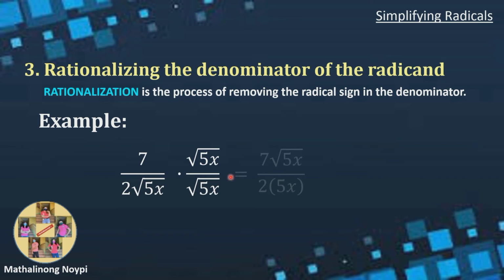So we will have the result of 7 times square root of 5x, that is 7 square root of 5x, and 2 square root of 5x times square root of 5x is equal to 2 times 5x. So the simplified form of the given expression is 7 square root of 5x over 10x.